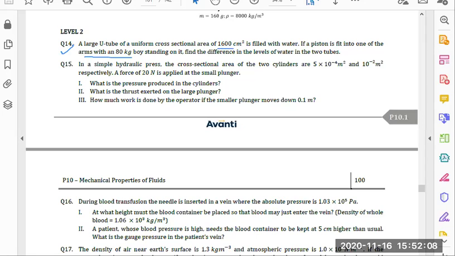So this pressure difference will be created by the buoy of weight 80 kg. So I can say that the pressure difference because of the buoy will be what? Mg by area, right? And this mg by area will be responsible for the change in the liquid level. Yes or no? Suppose we have a tube like this.